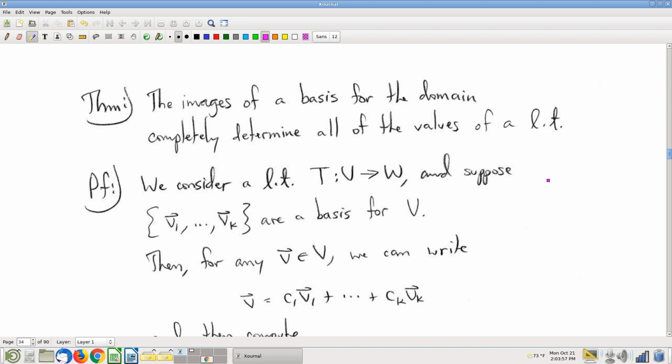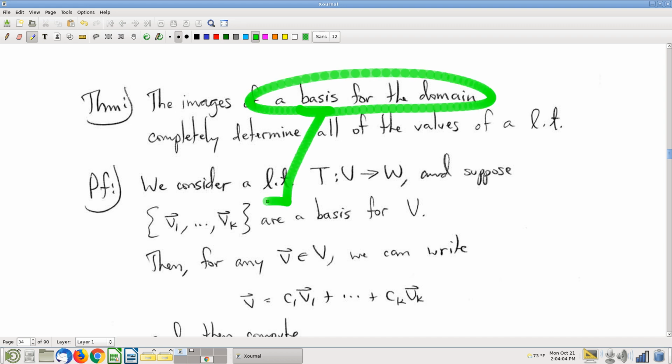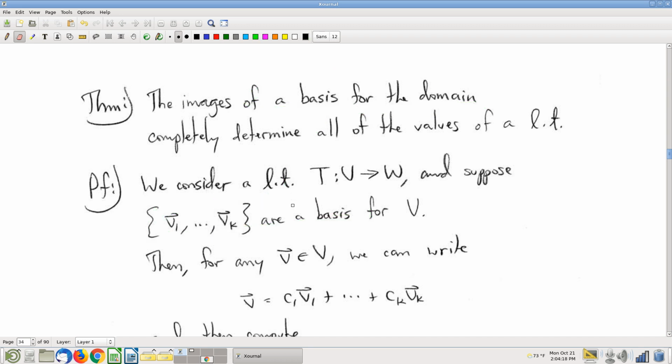Here we go. Let's suppose that our basis for the domain consists of these vectors v1 through vk. And keep in mind, I know what T is for those vectors. I know T of v1, T of v2, etc. So now let's just take any other vector in the domain.